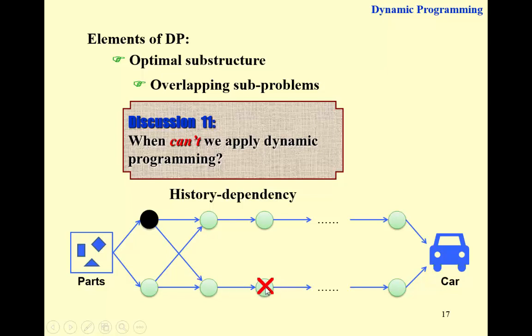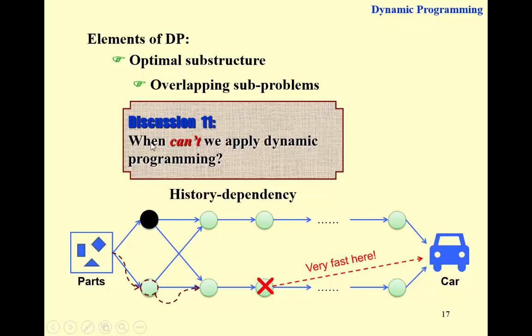In this case, dynamic programming would not work because it's possible that even though this path is faster than this one, this is a slower path while this is a faster path. However, there's a much faster path from this stage to the end.